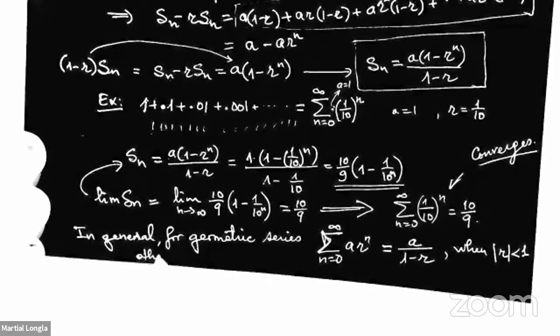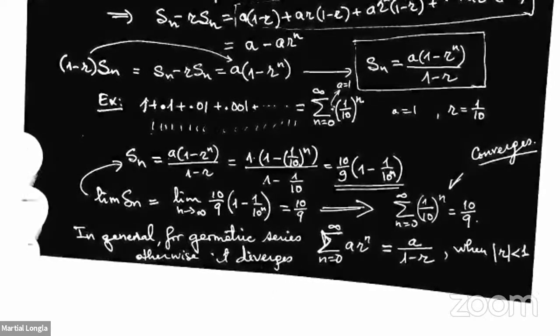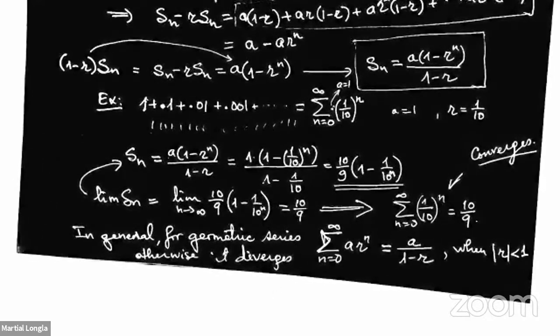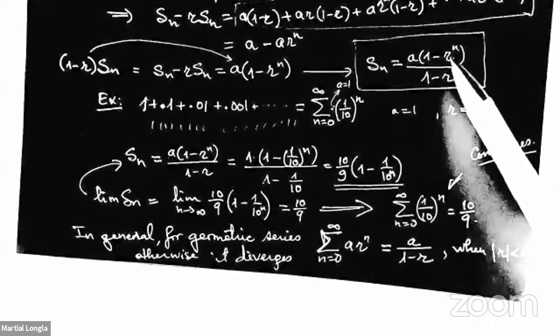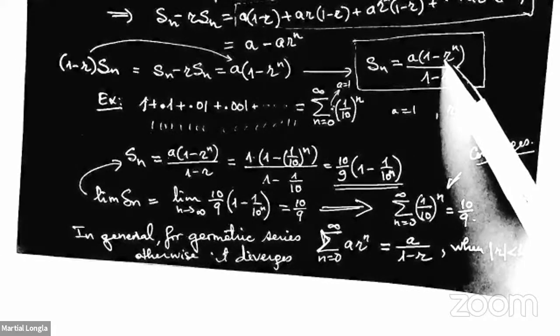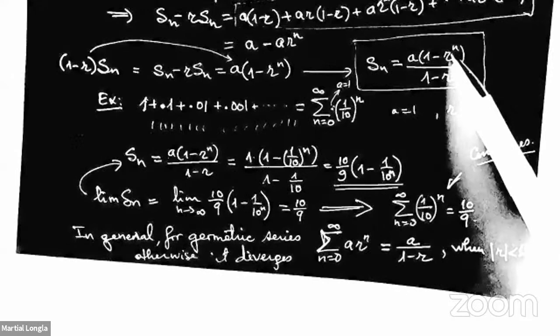Otherwise, it diverges. Why would that be the case? Because we will take the limit here. When the absolute value of r is less than 1, r to the power n goes to 0.